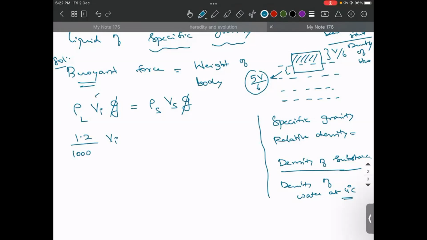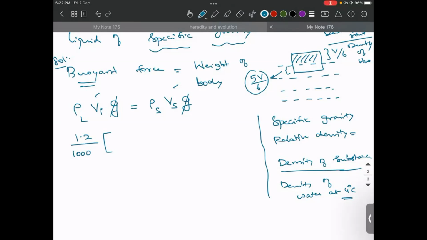So I hope you understood this equation. Rho L, density of liquid into volume of immersed portion into g is equal to density of solid into volume of the solid into g. So what should I write in the place of volume of immersed portion? So how much is the volume of the immersed portion?